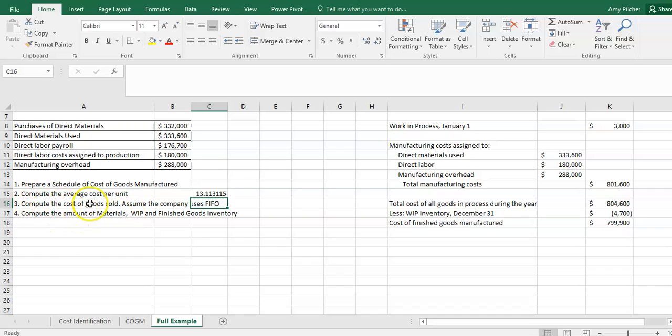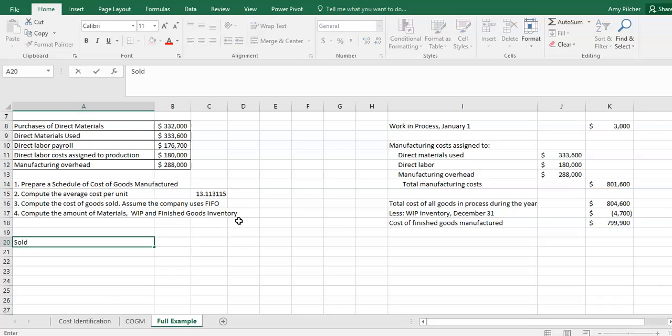Now we want to talk about the cost of goods sold. And we're going to assume that the company uses FIFO. So that means first in, first out. We sold, it tells us, 62,100 items.